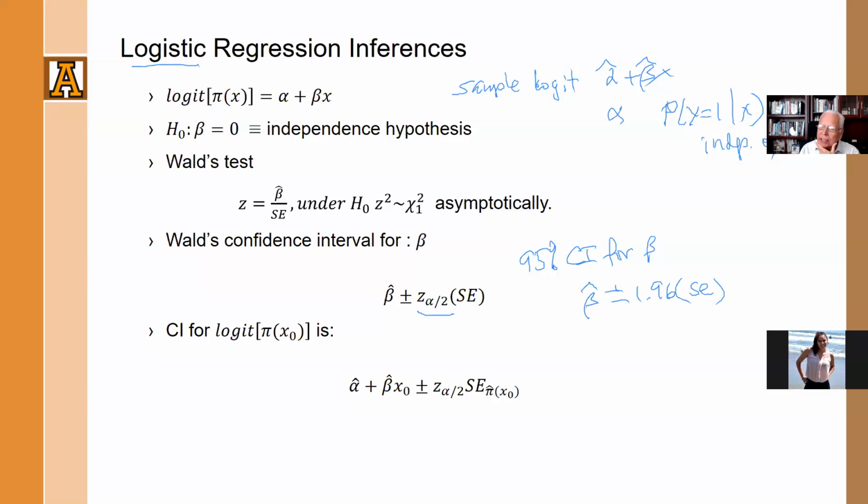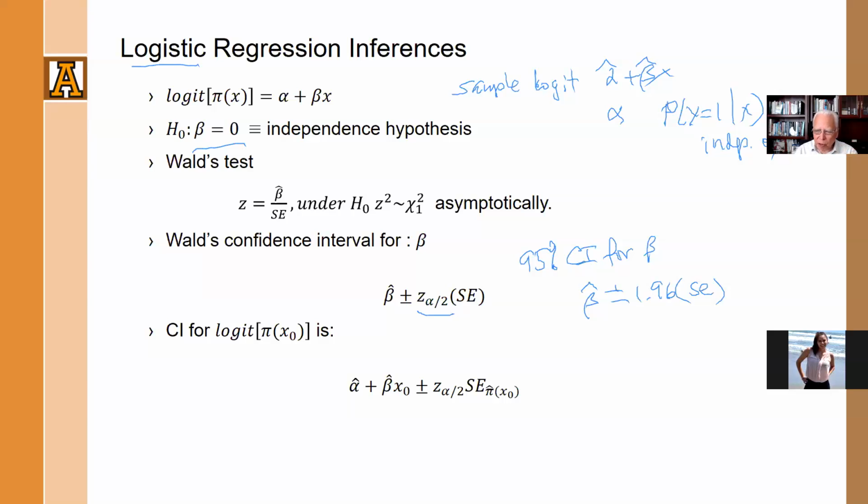And we use the normal distribution, or the t distribution if we have very few degrees of freedom, to test this null hypothesis that beta is equal to 0. And the confidence interval for the logit is simply alpha hat plus beta hat x null, plus or minus z sub alpha over 2, the percentile from the normal distribution, times the standard error of the estimate given x null.